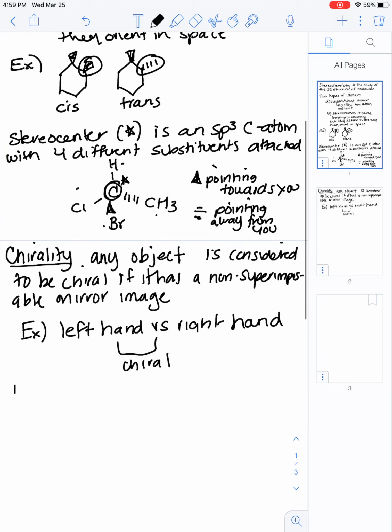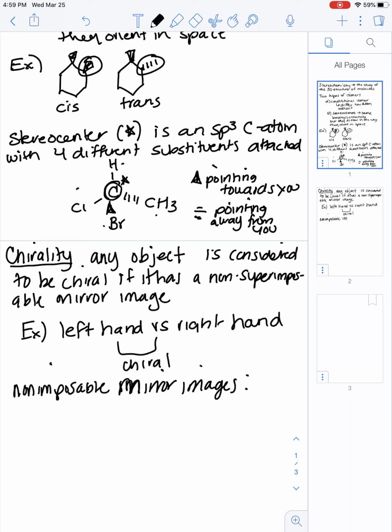Non-superimposable mirror images are also called enantiomers, and we will discuss this in more detail in a little bit.